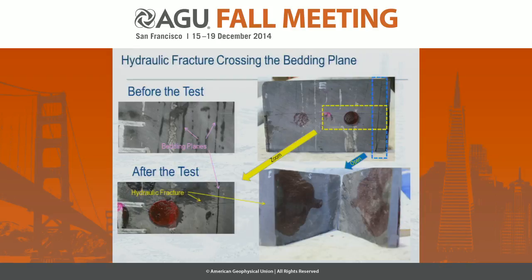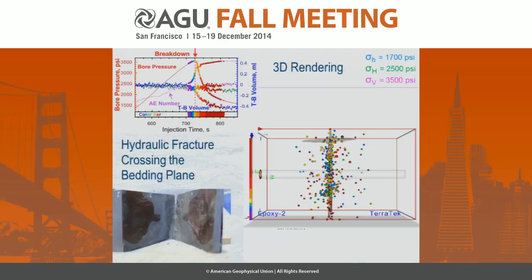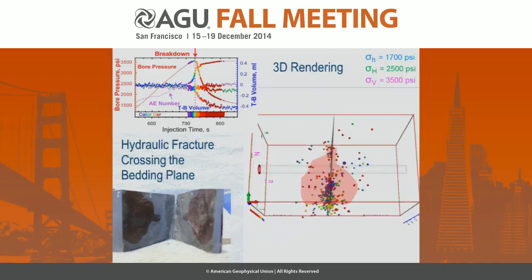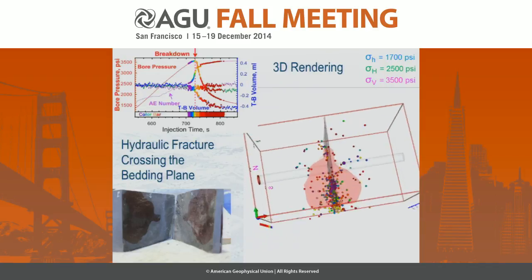It means that we have evidence of spreading of epoxy in the bedding planes under the stress. You can see that it was a non-symmetrical shape of epoxy spreading along the bedding plane, but clearly we have evidence that it happened.